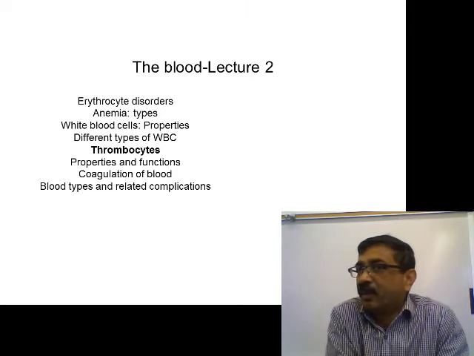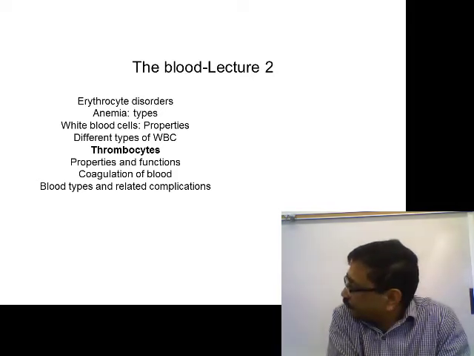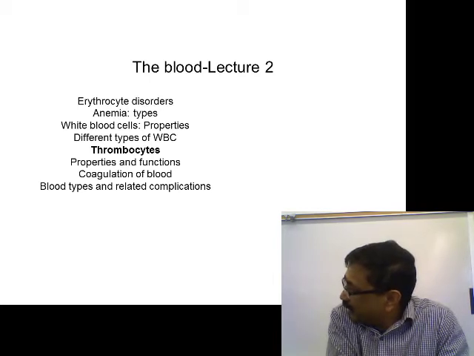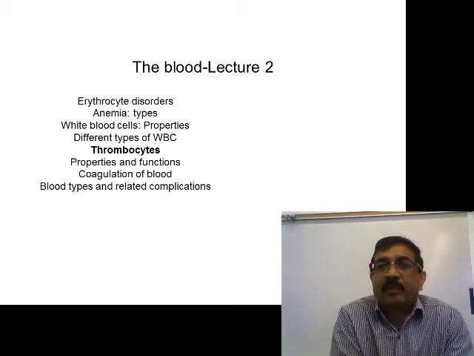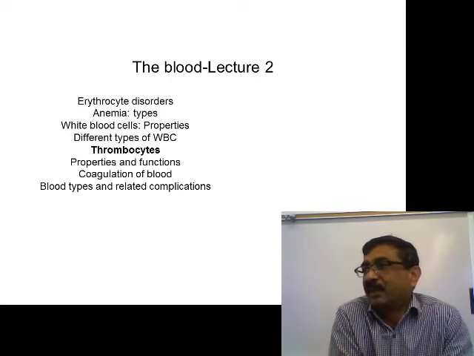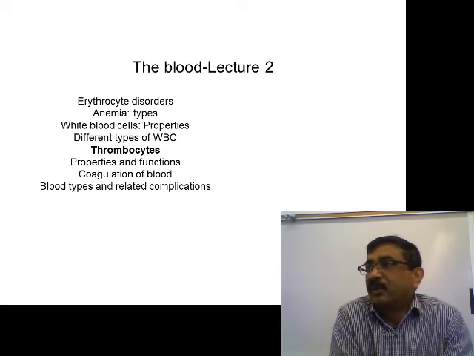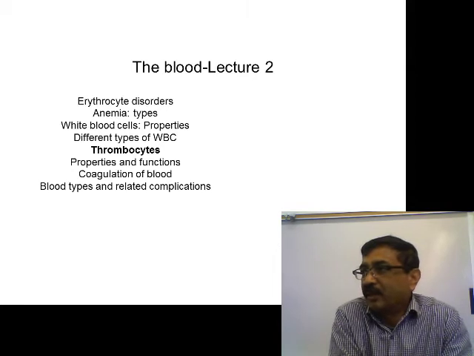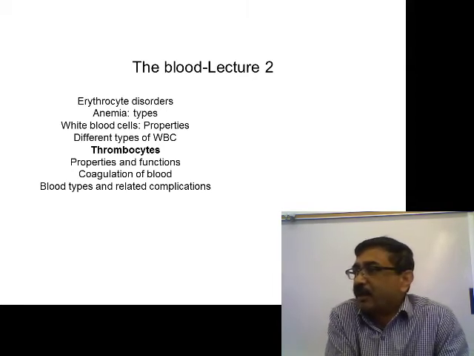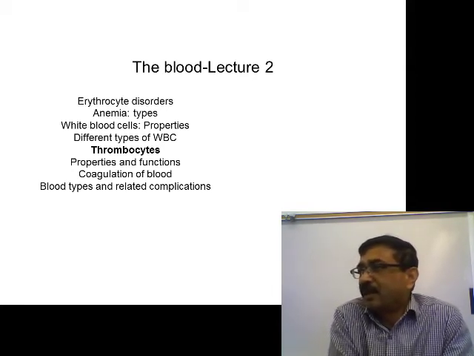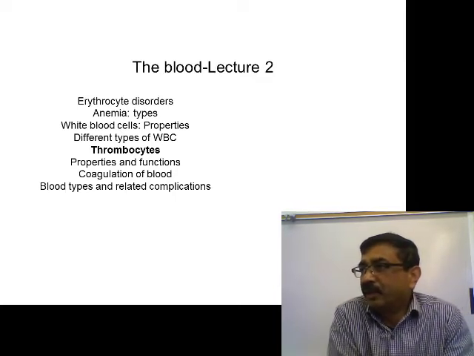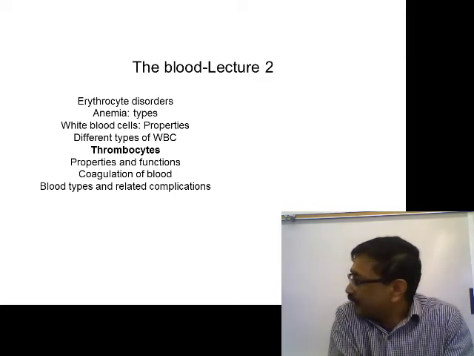Platelets are also called thrombocytes. We will talk about the properties, functions, and production of platelets. Then we will talk about a very important process that is called coagulation, blood clot formation, how coagulation takes place.